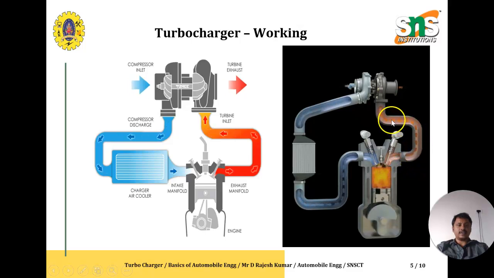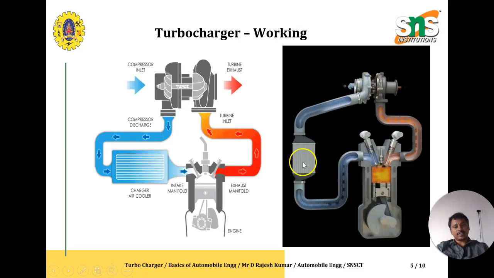You can see how it is functioning. So the compressed air is then sent to the charging unit, which compresses the air, and then it is cooled, the heat is removed, and then it is supplied to the engine. So this is how the turbocharger normally functions in engines.